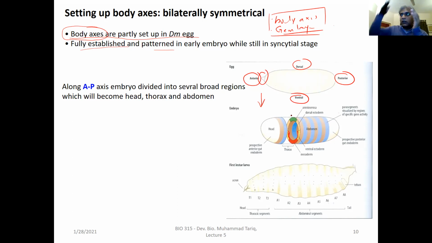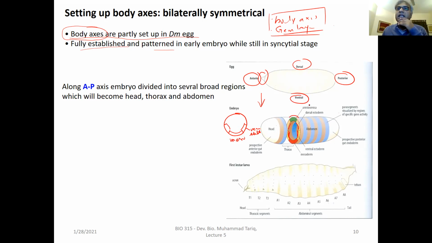So if we have a cross section of the fruit fly embryo, if I draw it like this, this will be the mesoderm, and then this is going to be the ventral ectoderm, which is here in the yellow, the dorsal ectoderm next, and then the amnioserosa.